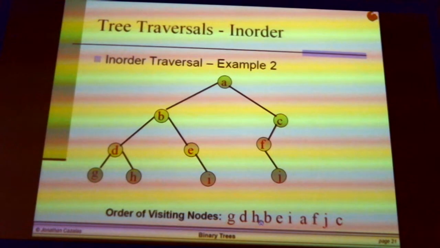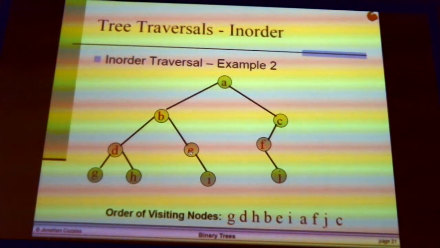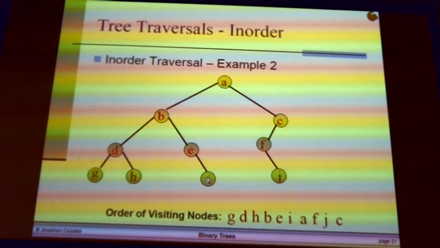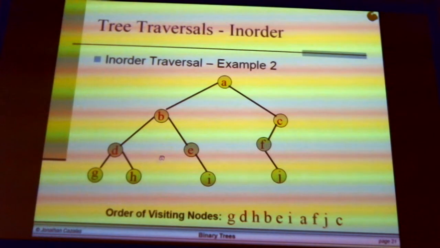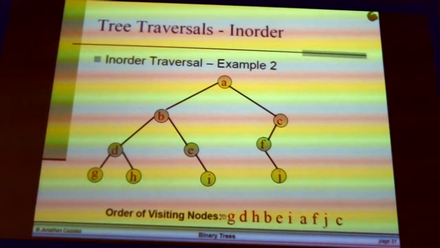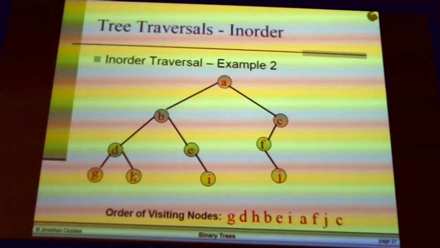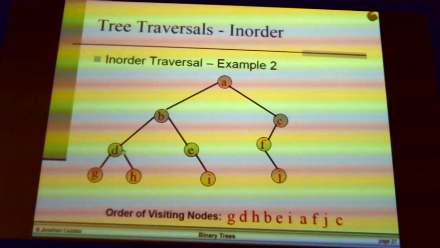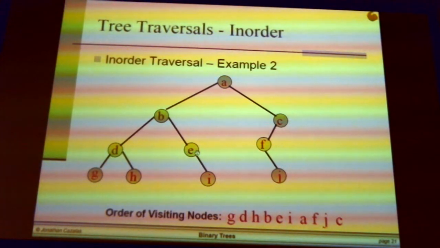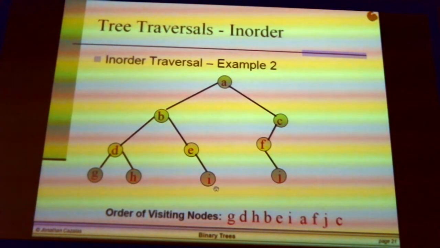And then because E doesn't have two children, only one, we can go ahead and do our E and our I, because there's nothing here to visit on the left. So that's why it goes G, D, H, B, then leftmost, nothing there, skip it, E, I.